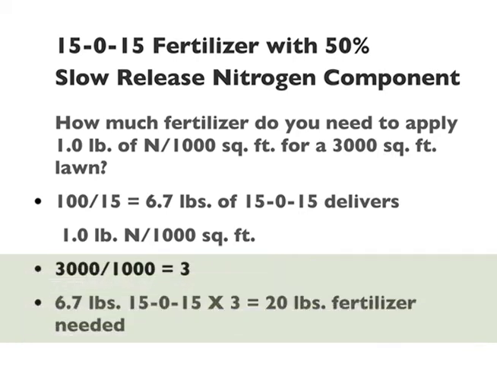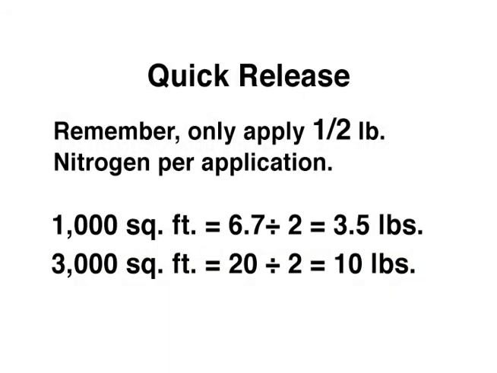If you have 3,000 square feet of area, then you multiply 6.7 times 3, which means that you need 20 pounds of fertilizer to cover that 3,000 square feet. If you're using quick-release fertilizer, remember you can only apply up to 1/2 pound of nitrogen at any one application, so apply at 1/2 of the rate calculated.